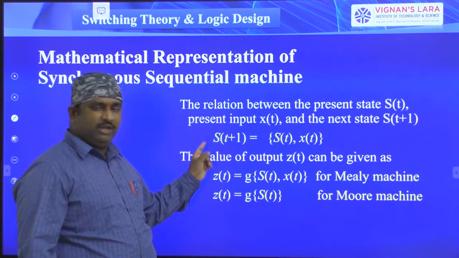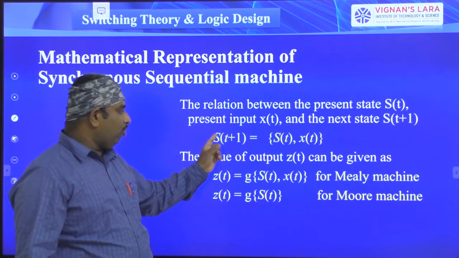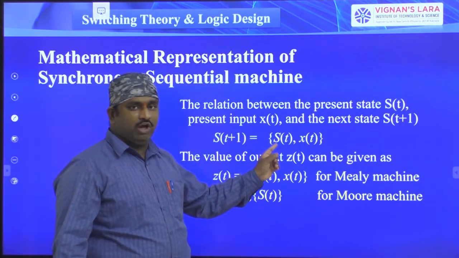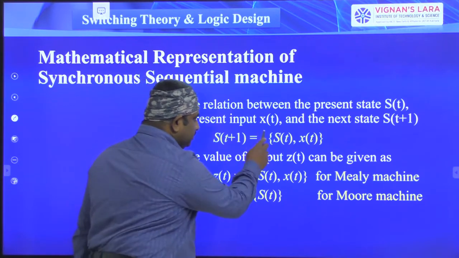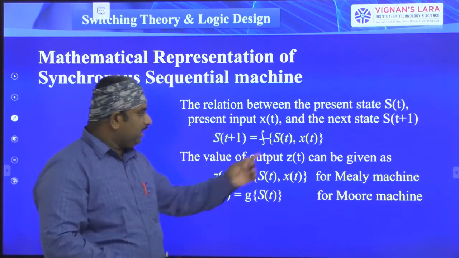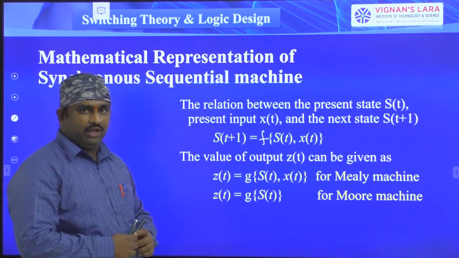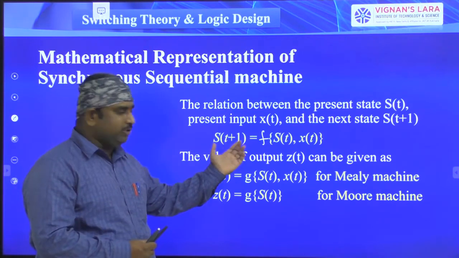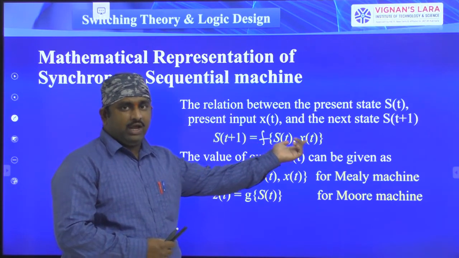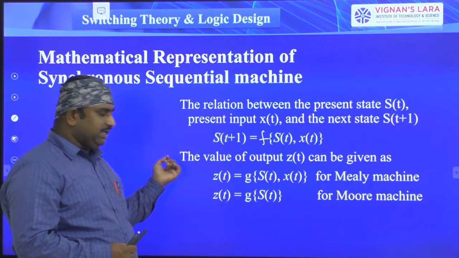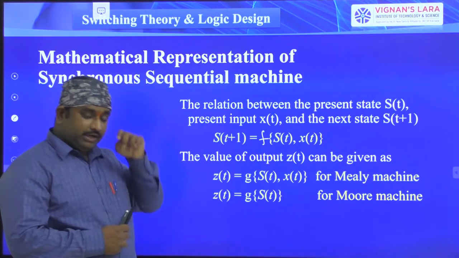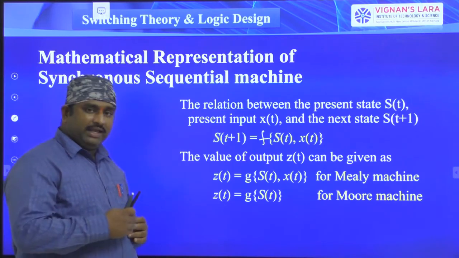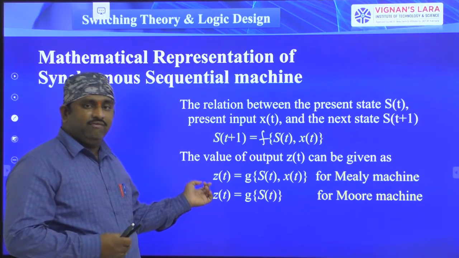Now, S of t plus 1, the next state output, we define as a function of S of t comma x of t. Here we can write some function f of S of t comma x of t. The next state output depends upon the present state and input. Now, the output is defined with Z of t.